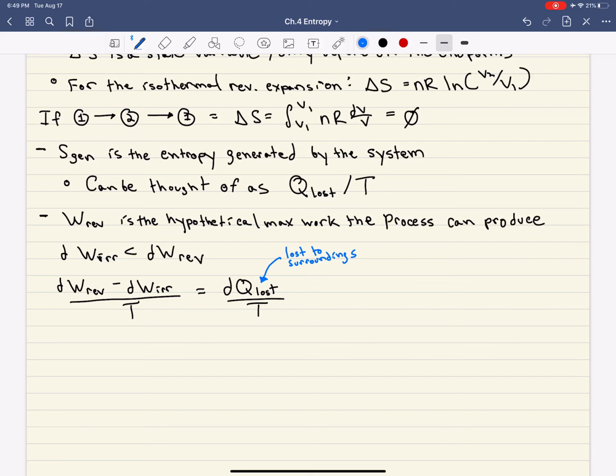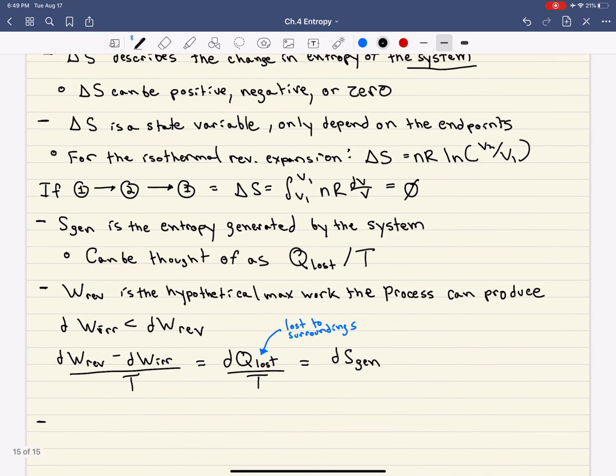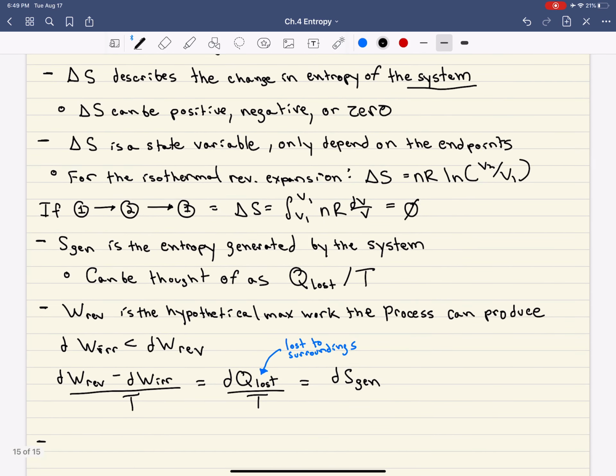So dQ lost is basically the difference in the work that we could extract from the reversible process and the irreversible process. If we take that dQ lost and divide it by temperature, that's essentially what we're calling dS-gen. And so S-gen is the entropy generated by the system. And delta S is the entropy change of the system as well.